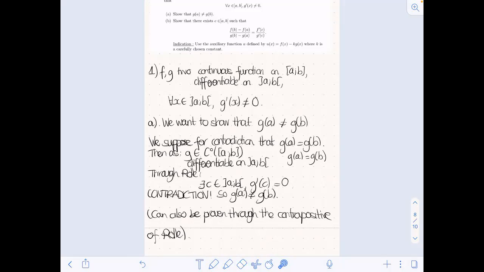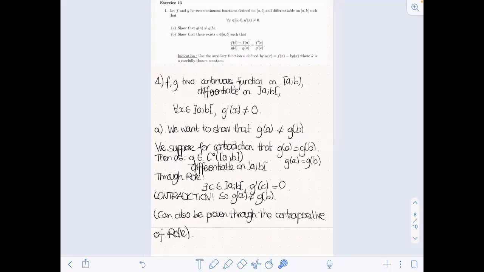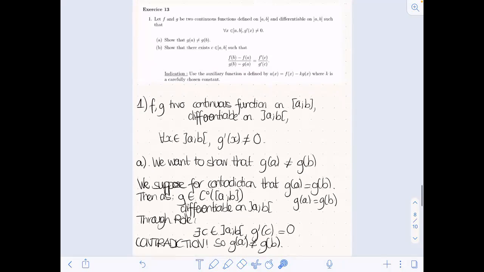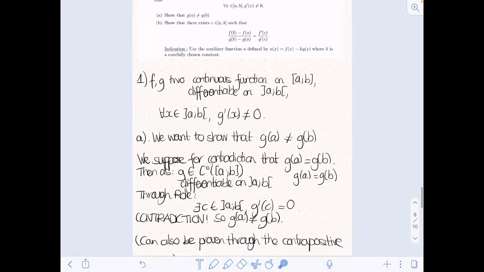What we can do now is base ourselves on this to prove a certain equality. And this equality will be useful later on to prove L'Hospital's theorem. So we want to prove that there exists some C such that the following ratio holds. Now, in general, if you just had f of b minus f of a, how can you write that using the mean value theorem?